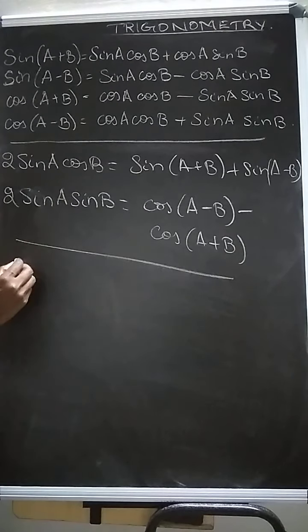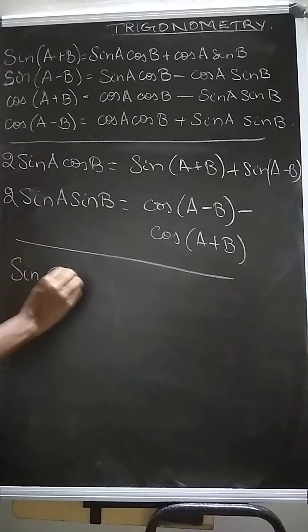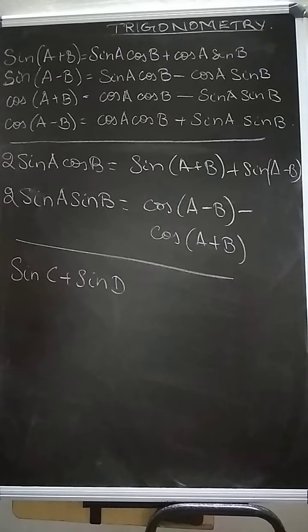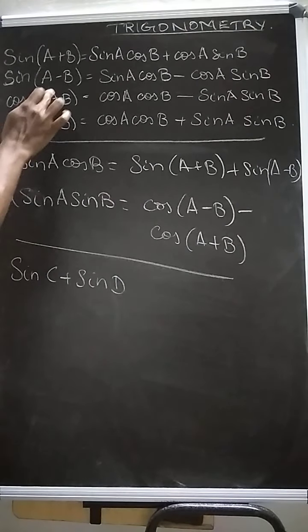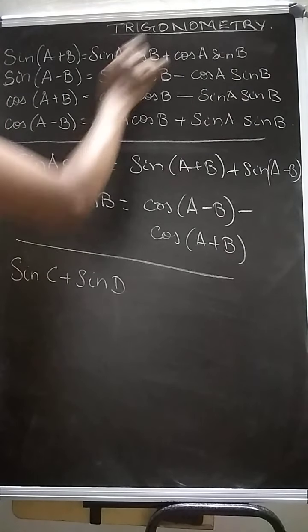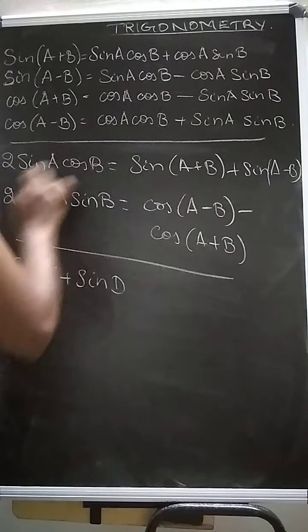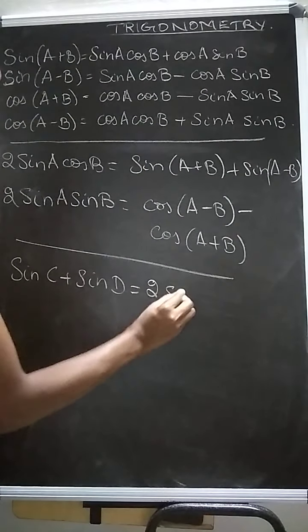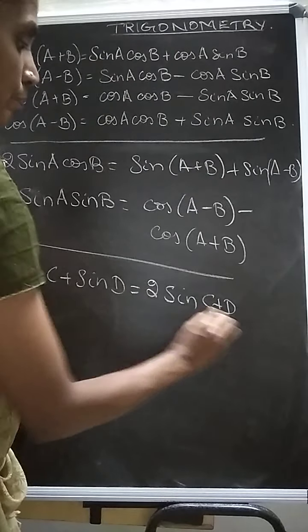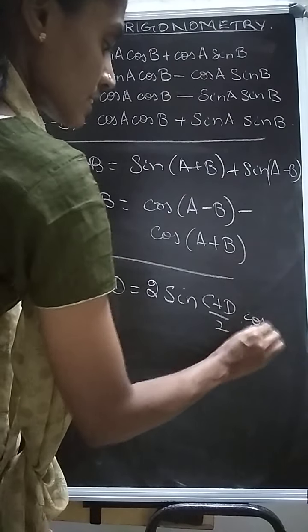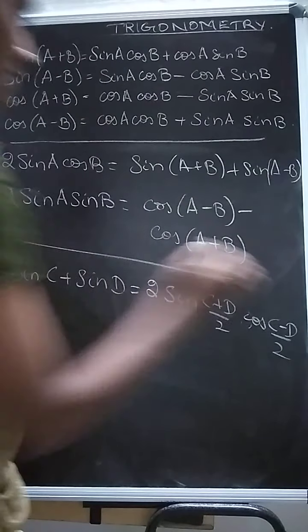Now, see here. Sin c plus sin d. So, a plus b is c and a minus b is d. So, sin c plus sin d, when you are adding, these two get cancelled. So, you will get 2 sin (c plus d) by 2 cos (c minus d) by 2.